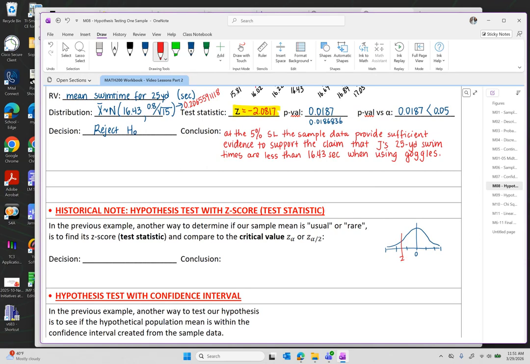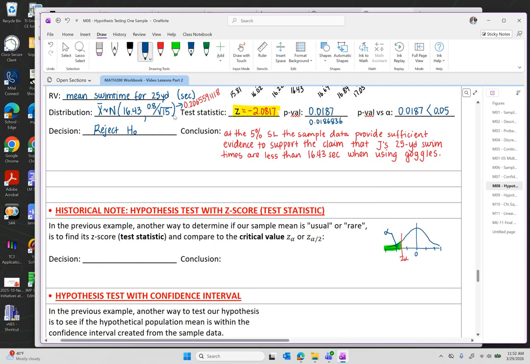So we need this z of alpha so that this area here is 5%. The probability is 5%. Then any z-score that falls into that area of unusual outcomes will be a z-score that indicates a rare or unusual event. An event that provides enough evidence that the sample data can support the alternative hypothesis.